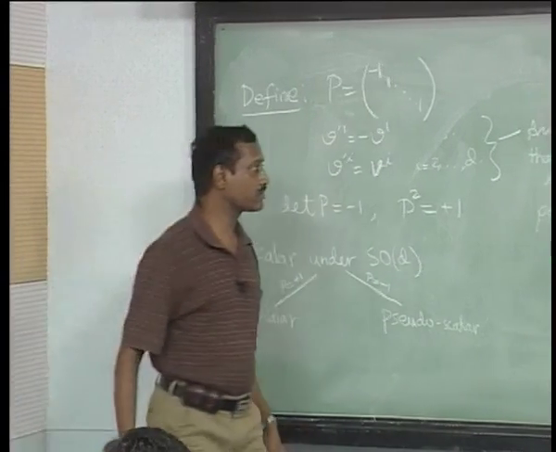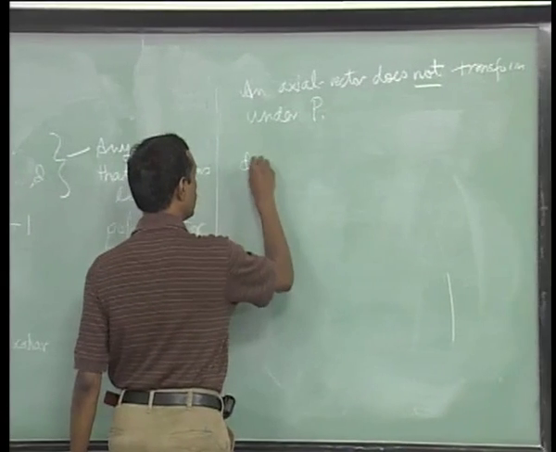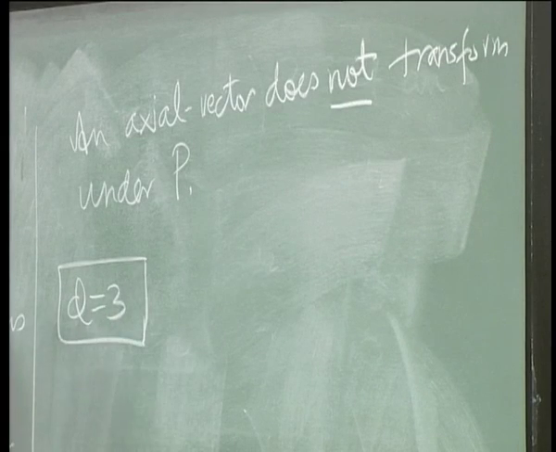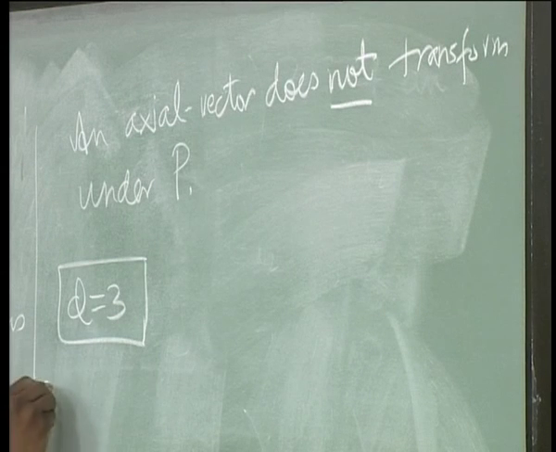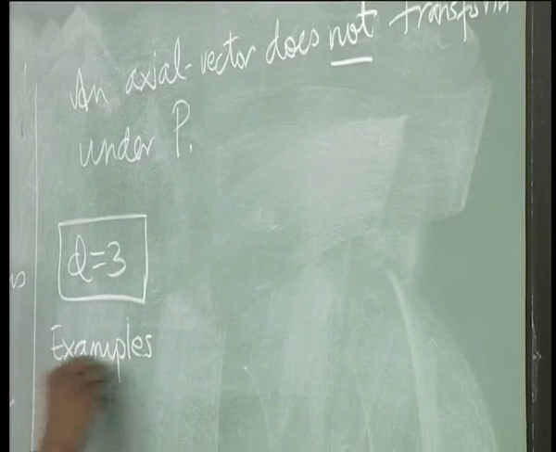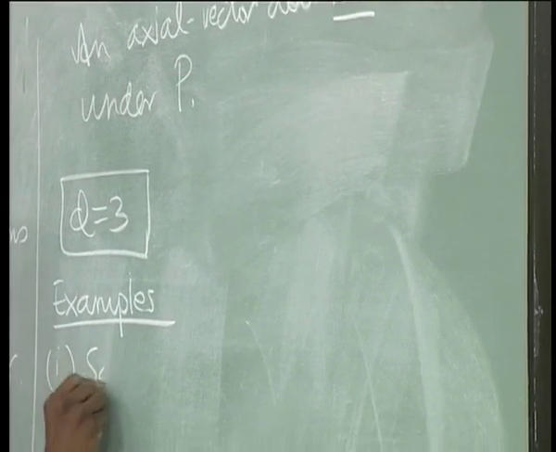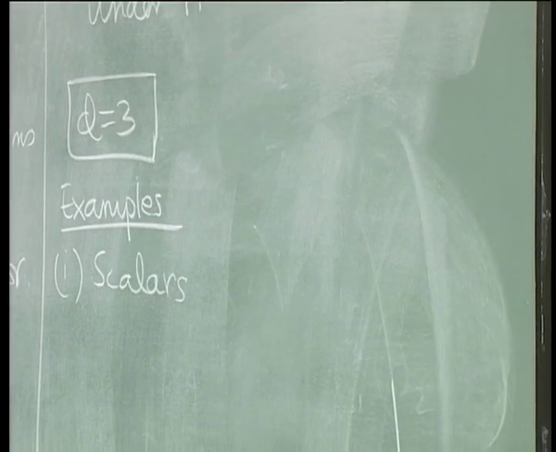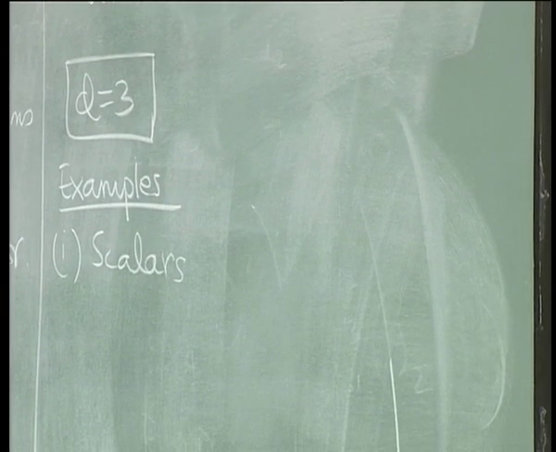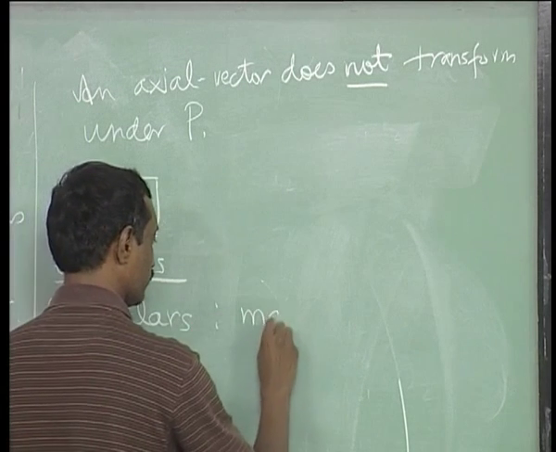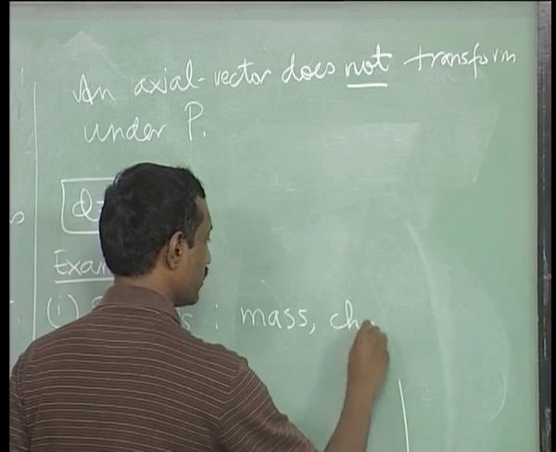Okay. So, examples of this, so let us now fix d equal to 3. Okay. So, I need examples of scalars. Can you give me examples so that I can write them? Scalars: mass, charge density, charge.